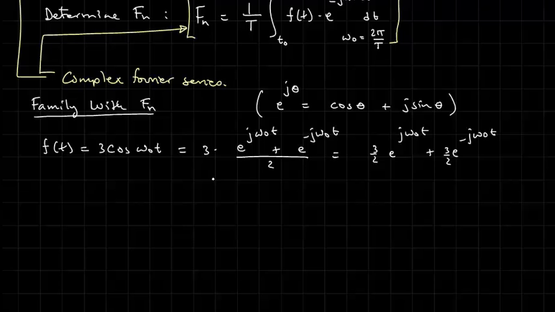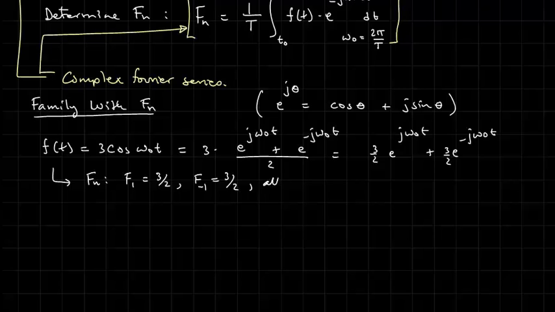So what we have for f of t is f sub 1 is equal to 3 halves. f sub minus 1 is equal to 3 halves.